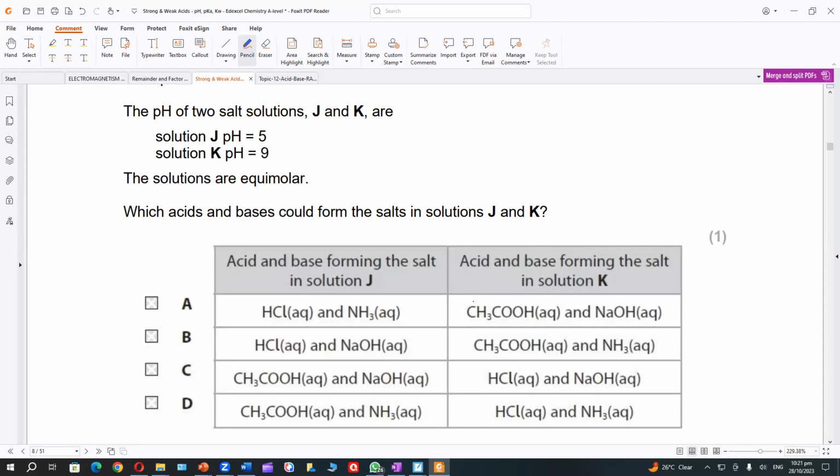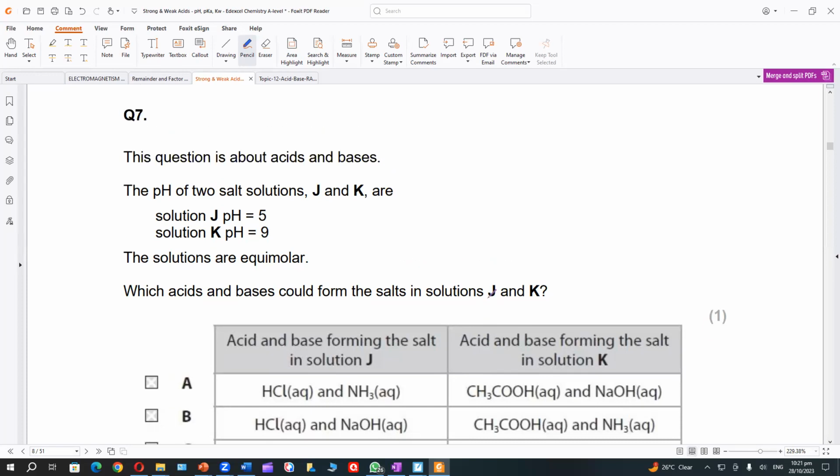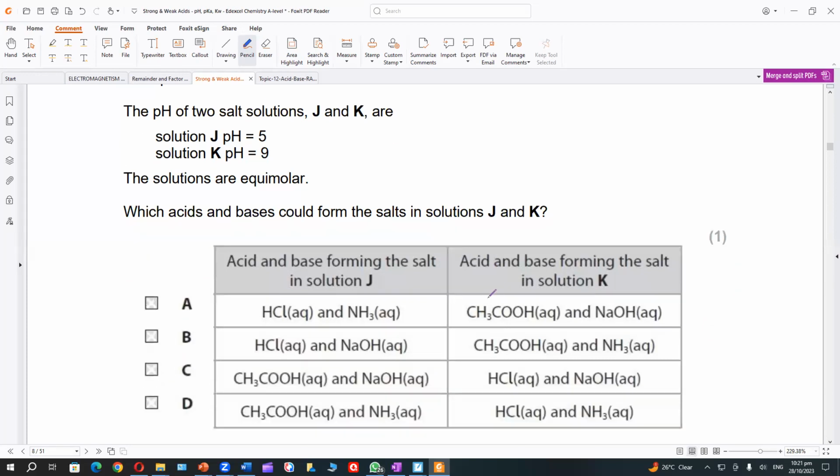Hey, what question is this? Number 7. Which acid could form the salt in solution J? Okay, which acid and base basically form the salt in solution J and K?